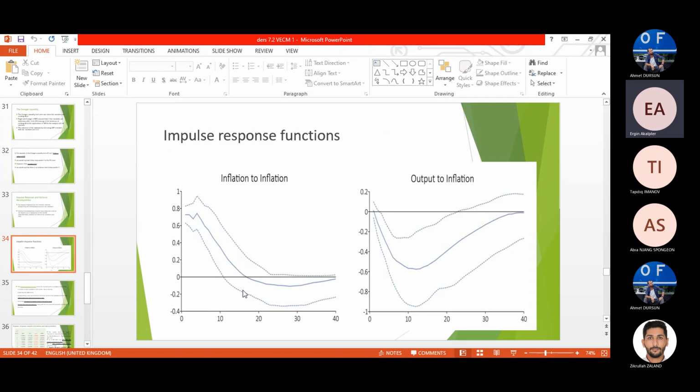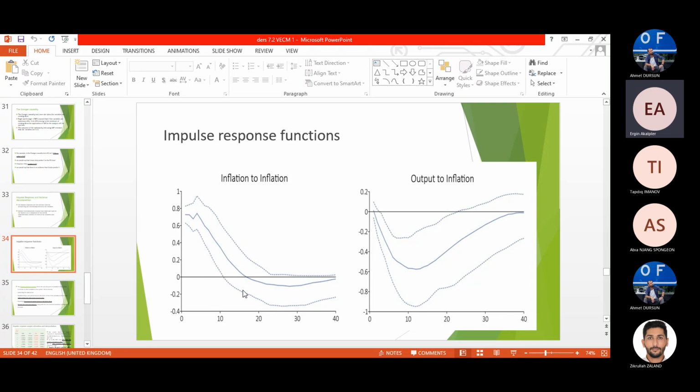The impulse response function is given here for inflation, for output to inflation and inflation to inflation. As it is given, it is decreasing and approaching 0 at 20, and it becomes somewhat stationary, a little bit decreasing and increasing regarding the stagnation of inflation in the period.